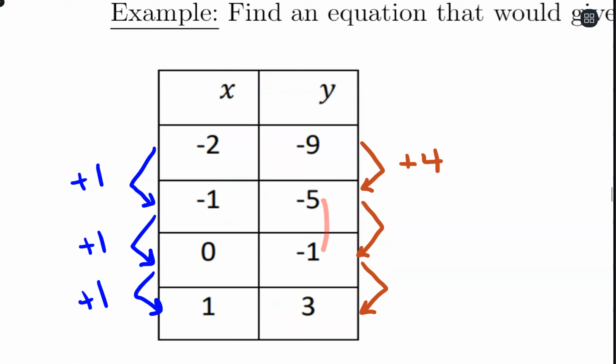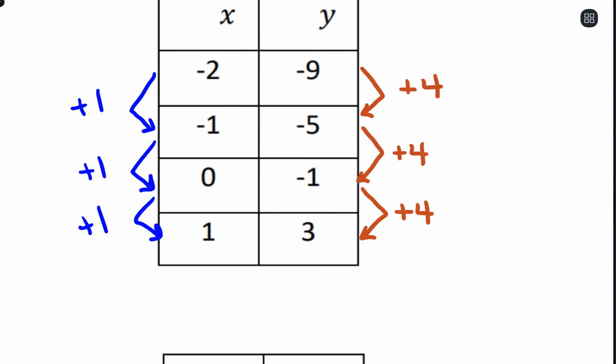So -5 to -1, we could also add 4. And -1 to +3, we could also add 4. So because it's always adding something, this would be linear. And if I wanted the equation for it, I have this coordinate (0, -1), so that would be my y-intercept.